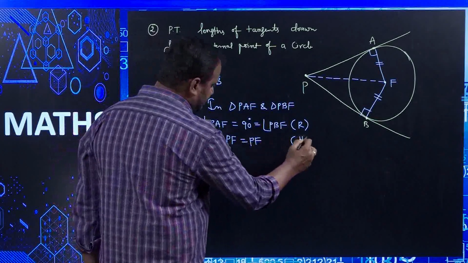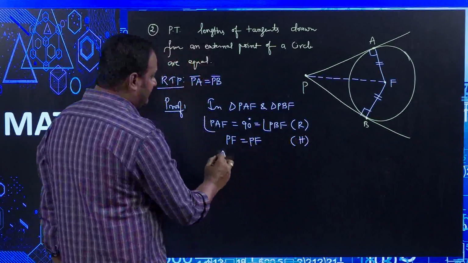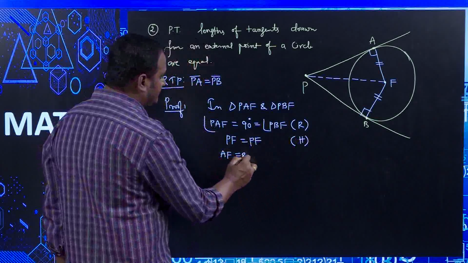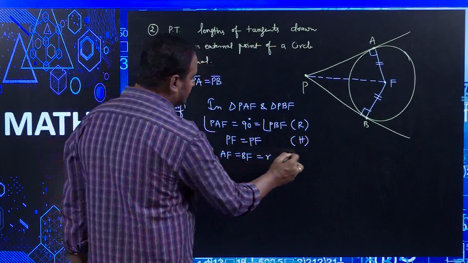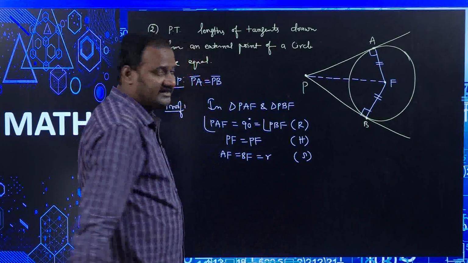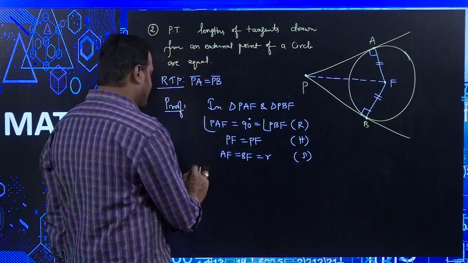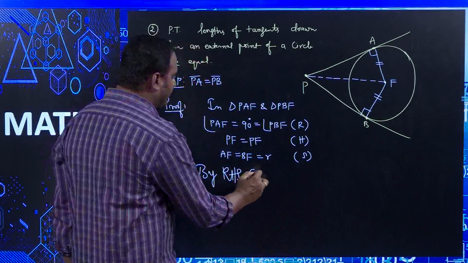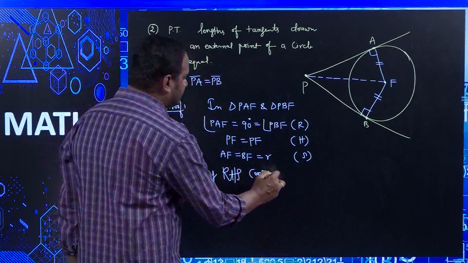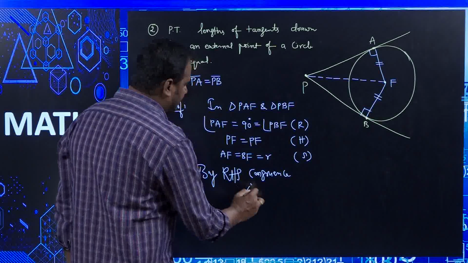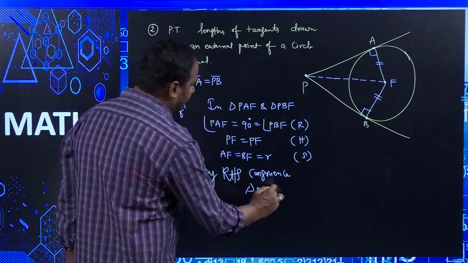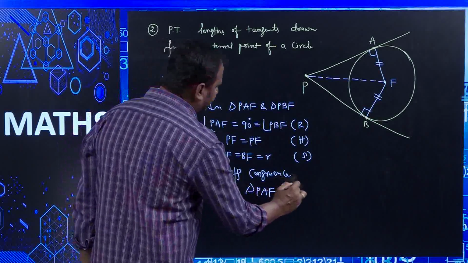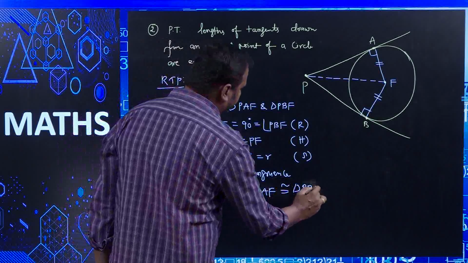AF is equal to BF, which is equal to the radius, so that is the side. So by using RHS congruence, triangle PAF is congruent to triangle PBF.